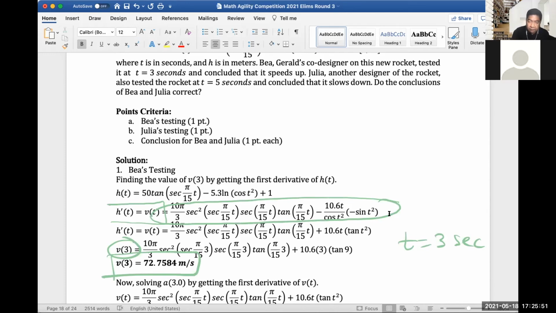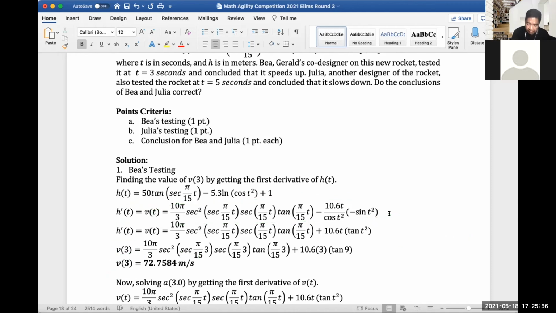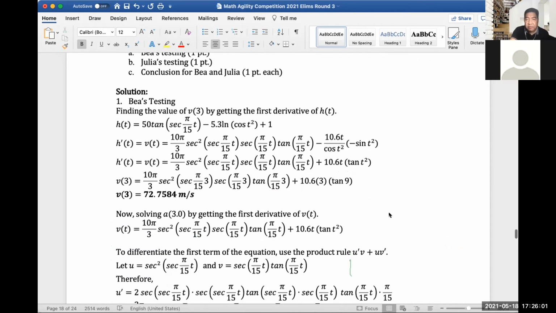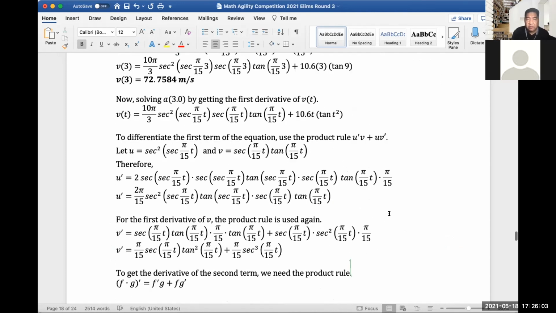Now let's solve for a of 3, the acceleration during Bea's testing at 3 seconds. To get the acceleration, we need to get the derivative of v of t, right? To make it simpler, I use this method. To differentiate the first term of the equation, use the product rule: u prime v plus u v prime.